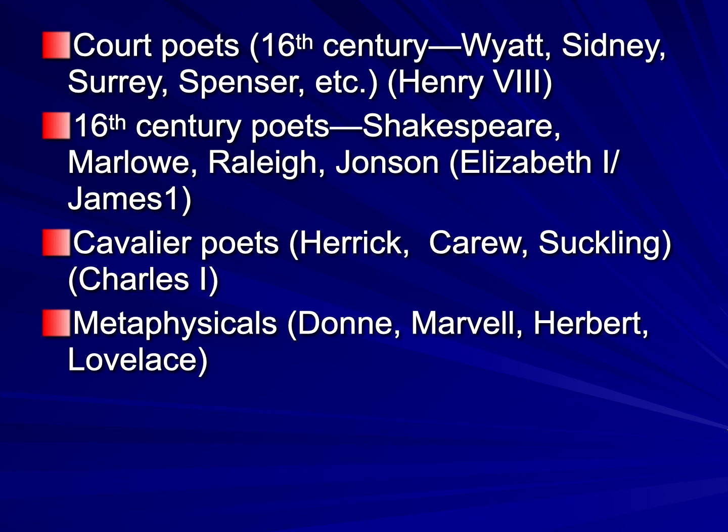Surrey will lose his head by Henry VIII. He's kind of the last victim of Henry VIII. We'll see 16th century poets like Shakespeare, Marlowe, Raleigh, I can never pronounce it, and Jonson, Cavalier poets, metaphysical poets, and we'll get into what all those kinds of poets are later.